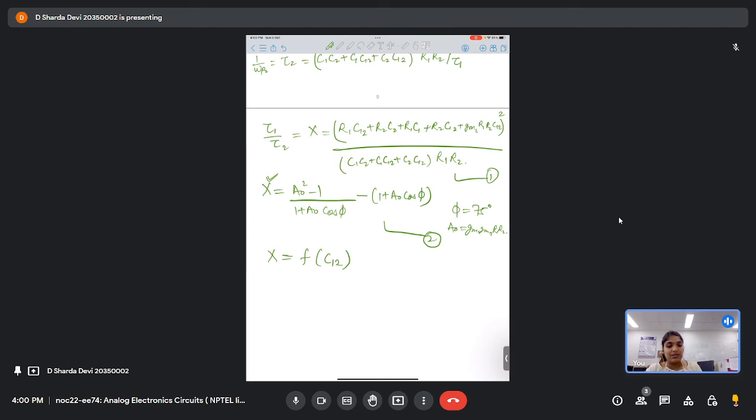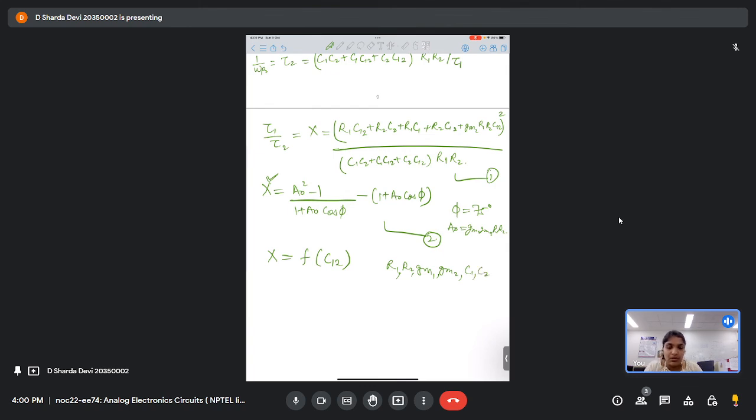So rather than substituting C12, we'll substitute all other variables, that is R1, R2, GM1, GM2, C1, C2.